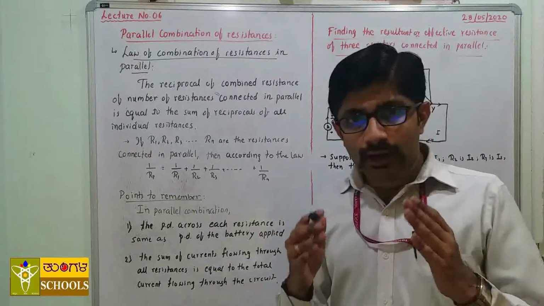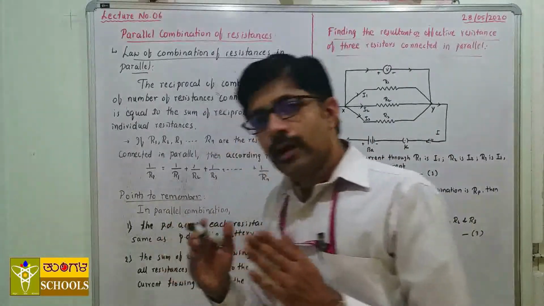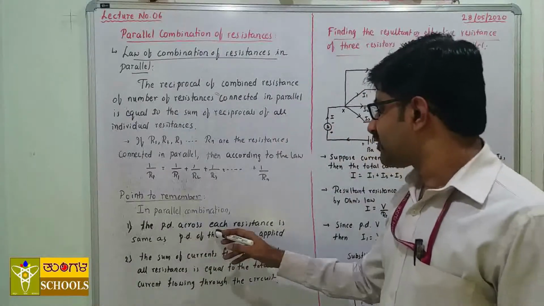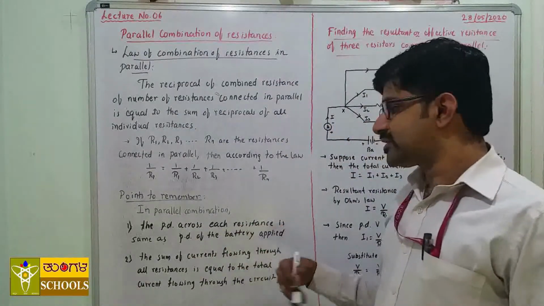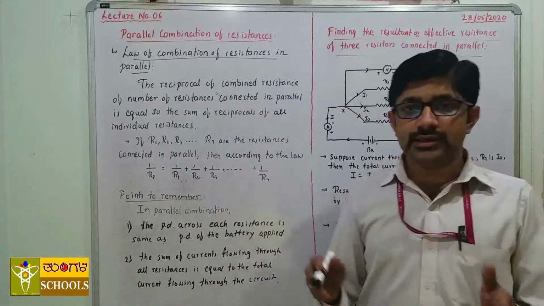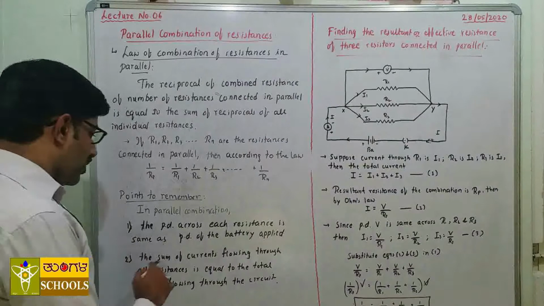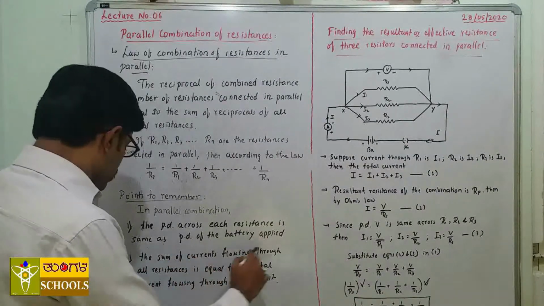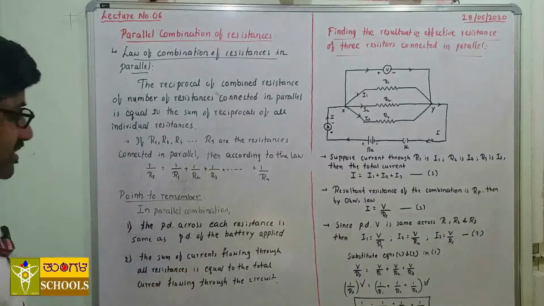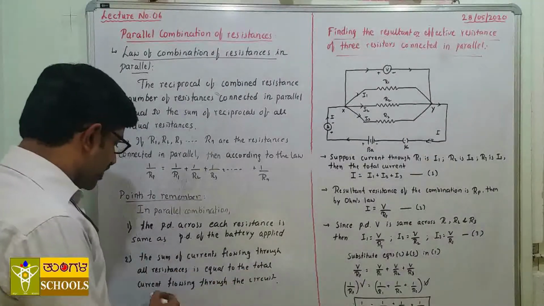Now here we also have points to remember. In this combination, the potential difference across each resistance is the same. Next, the sum of currents flowing through all resistances is equal to the total current flowing.